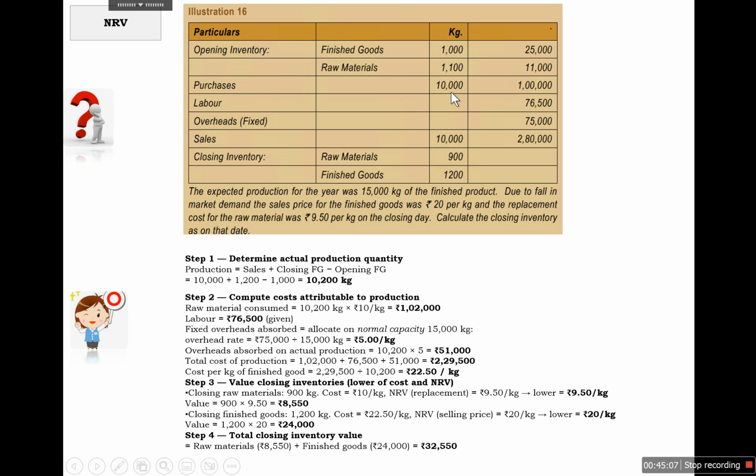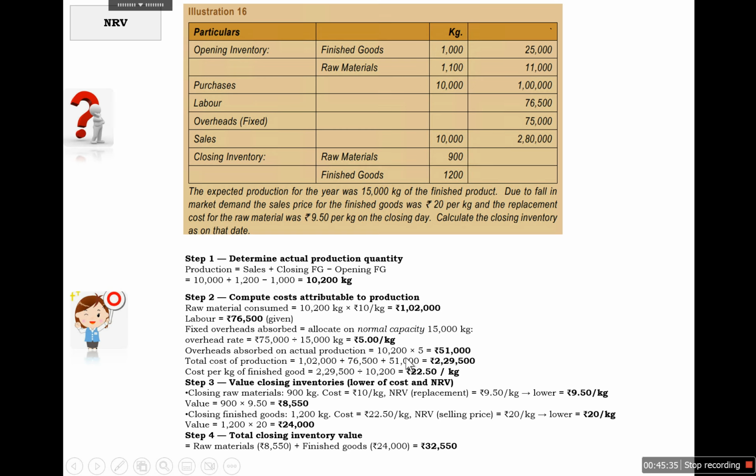Because we have purchased 10,000 and the amount is 1 lakh, so 1 lakh 2,000. Labor we have given 76,500; this is a variable cost. Fixed overhead we will calculate at 5 rupees per unit. Fixed overhead we will allocate only up to the actual capacity, because it is lesser than normal.